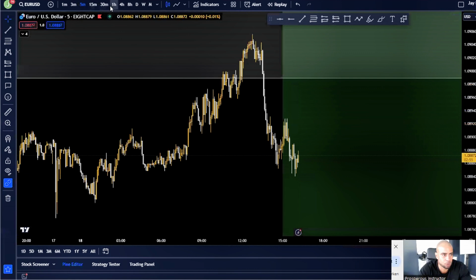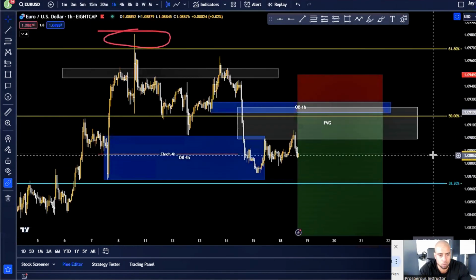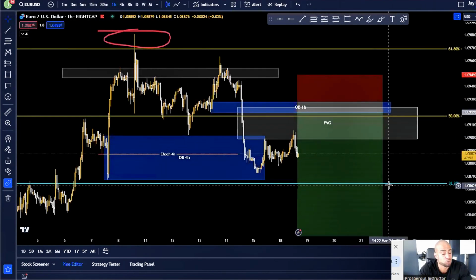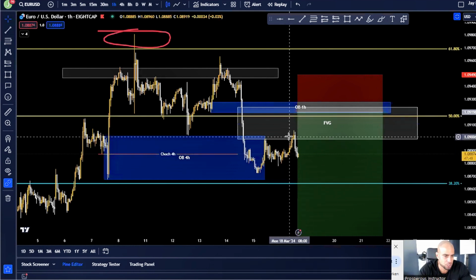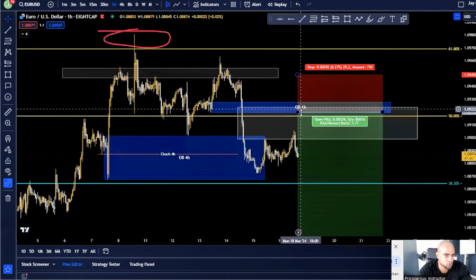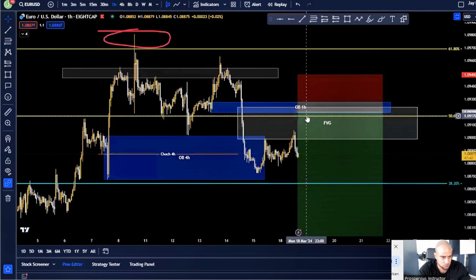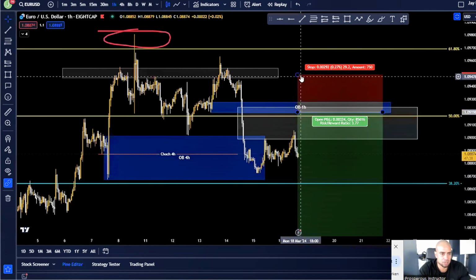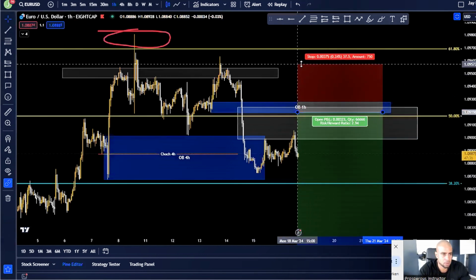So what is that confluence? That confluence is, of course, as always, market structure shift. So we need a bullish sequence up to this order block, and then we want to see that market structure shift confirming that we are turning bearish. And that is a perfect entry for us on this trade, all right?